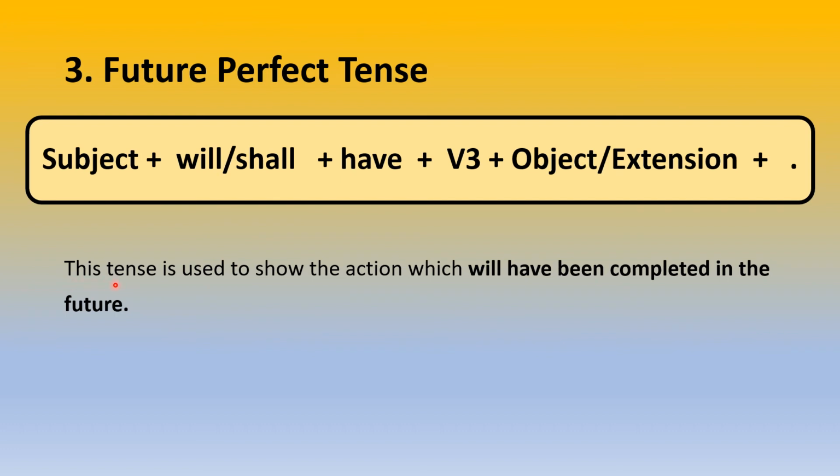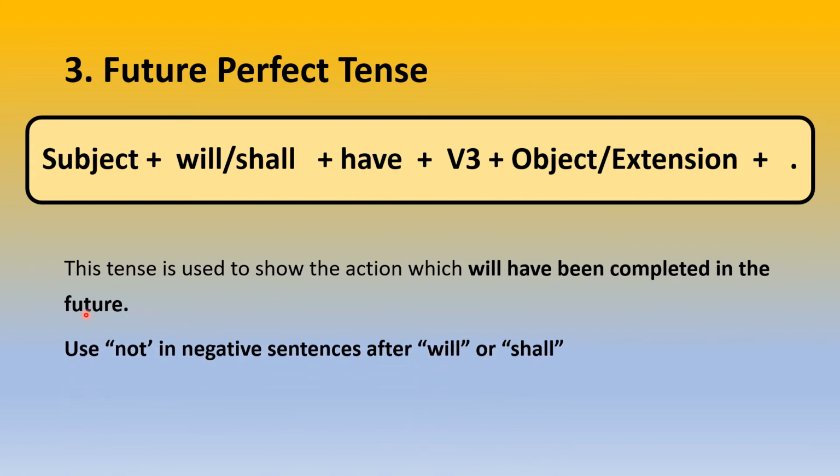The future perfect tense is especially used to show the action which will have been completed in the future. Use not in negative sentences after will or shall.